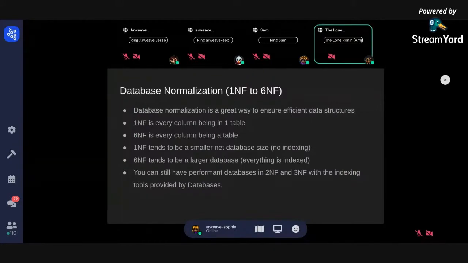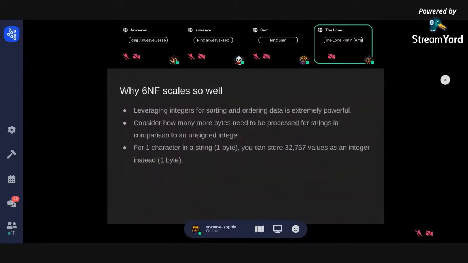It's just not explicitly shown in your database structure, and it's just shown as an index for that table. A large reason why sixth normal form, in comparison to first normal form, scales so well is because it leverages integers for sorting and ordering data.